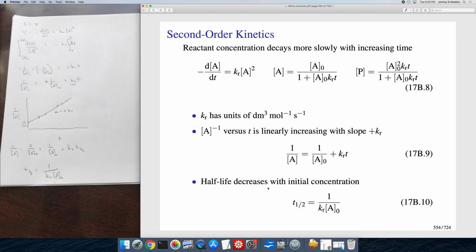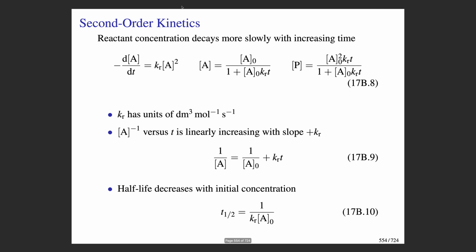Here is the cleaned up slide with all of the facts presented. We've got the differential rate law, the integrated rate law, which they've rearranged algebraically compared to what I've shown you. I prefer my format here because this one tells me that it's linear, but this is a nice form as well.